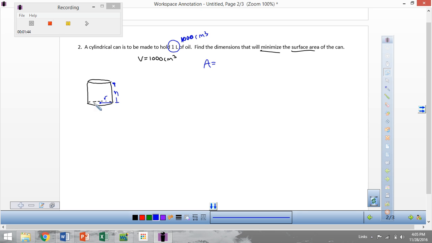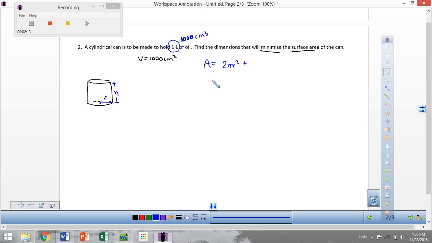Okay, so we do need 2 of those bases. So essentially, we're going to have 2 of the bases, so 2 pi r squared, right? So 1 pi r squared would give me the base. The other pi r squared would give me the top of the can. And so I have 2 of those.